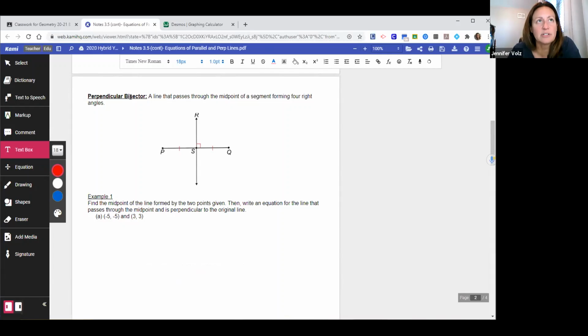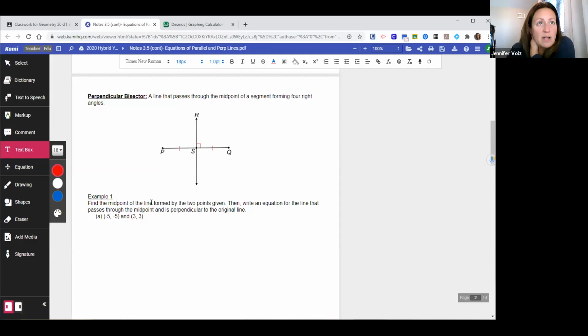Perpendicular bisector is a line that passes through a segment and bisects it into two equal parts. It goes through the midpoint of the segment. And because it's perpendicular, it will form four right angles, the line and the segment it's bisecting. So that's the definition of a perpendicular bisector.